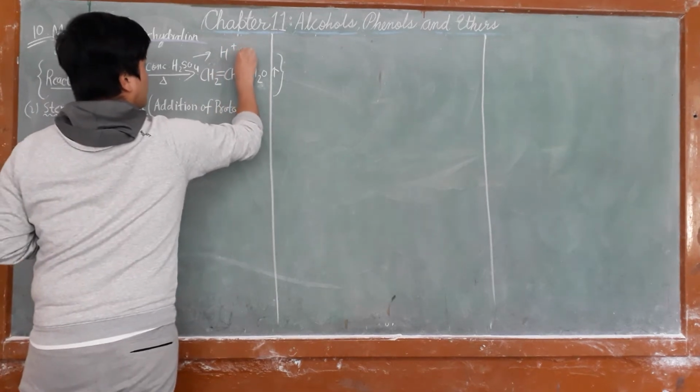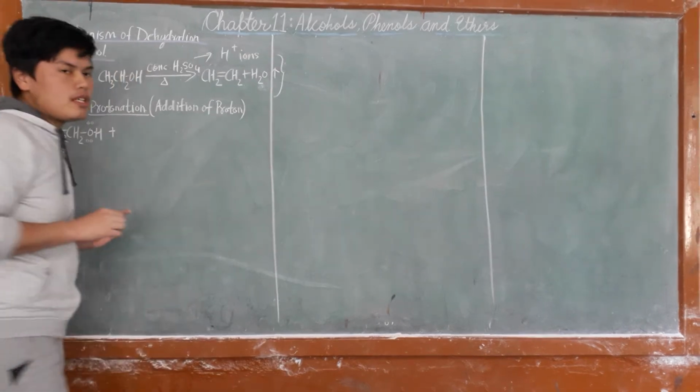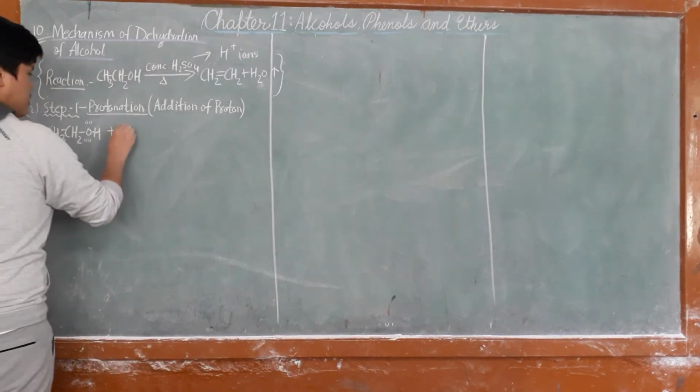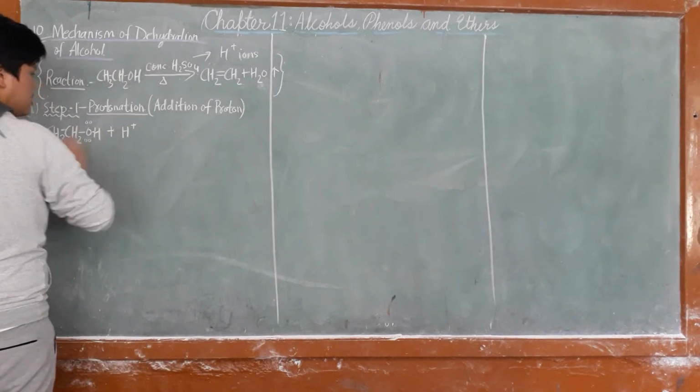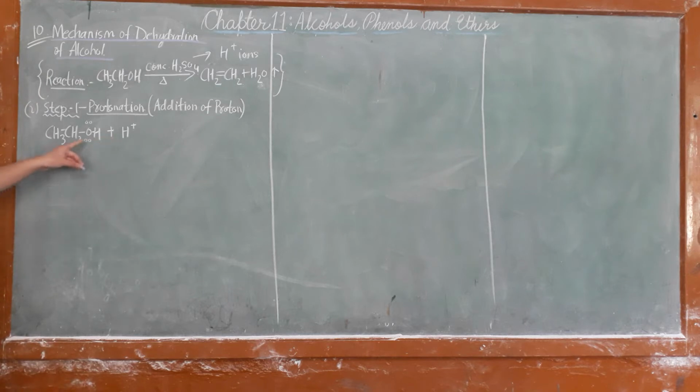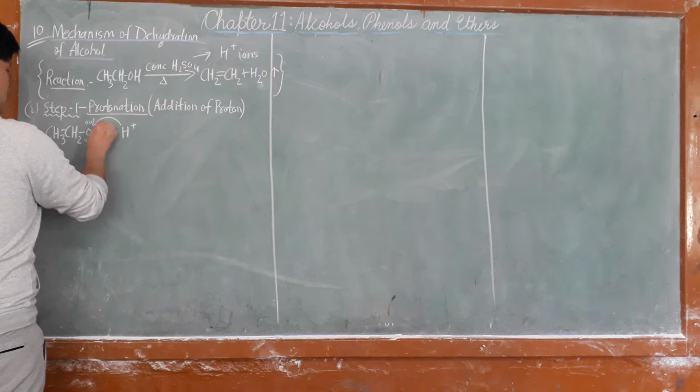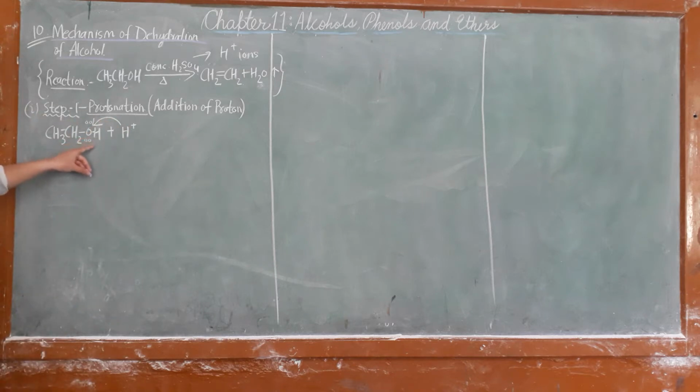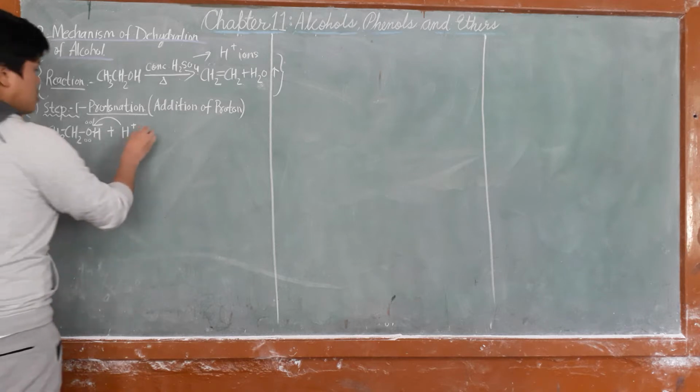So what happens in the first step: the H plus ions released by the acid will get added to this particular alcohol, or you can say react with this oxygen atom.